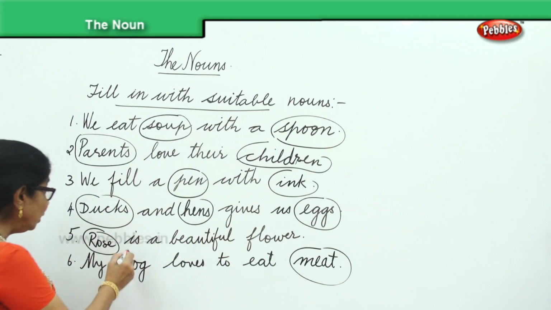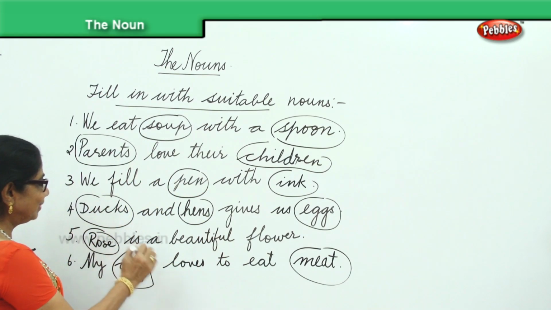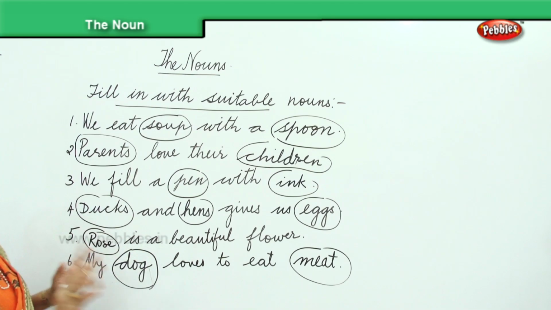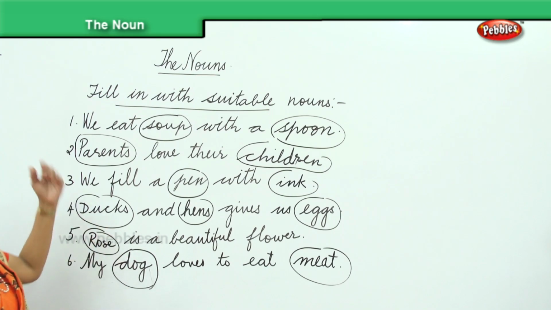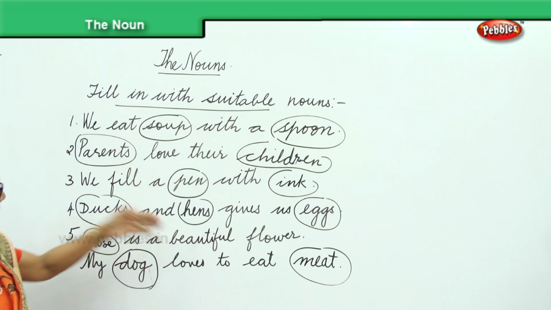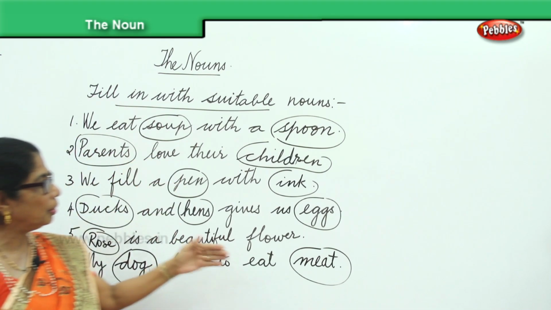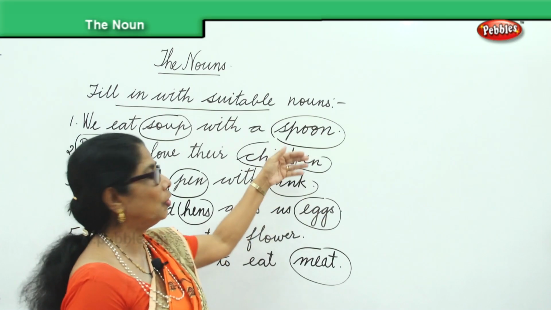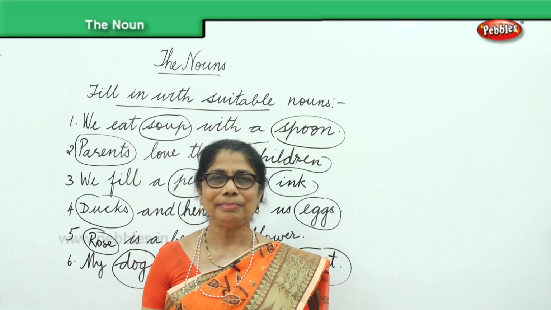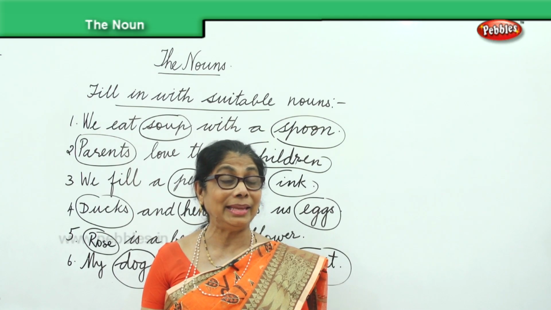So you have dog and meat. Now all nouns in these 6 sentences, we have soup and parents and pen, hens, duck, rose, dog, meat, eggs, ink, children, all, anything that you can name. Anything that you can name is a noun.